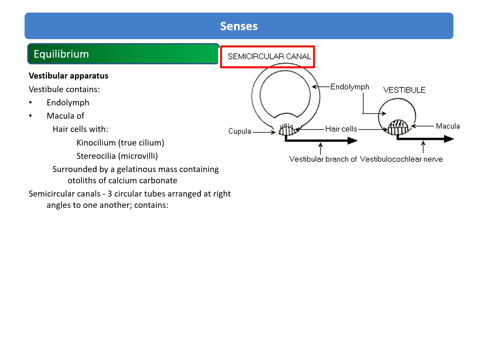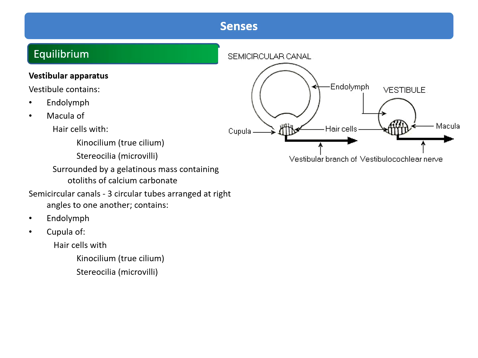The semicircular canals are similar, except they consist of 3 circular tubes arranged at right angles to one another. It contains an endolymph. It also has a cupula, a raised part, containing hair cells with, again, kinocilia and stereocilia. It's composed of a gelatinous material, so its construction is rather like the vestibule. The cilia project into the cupula.